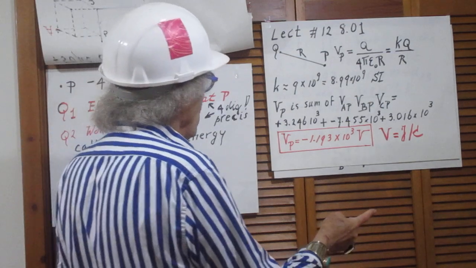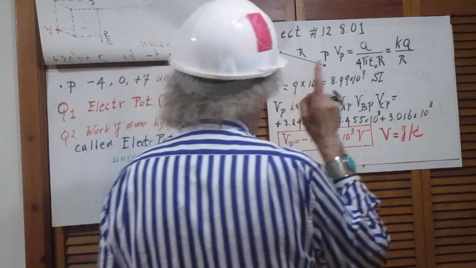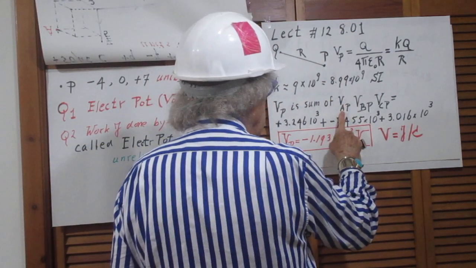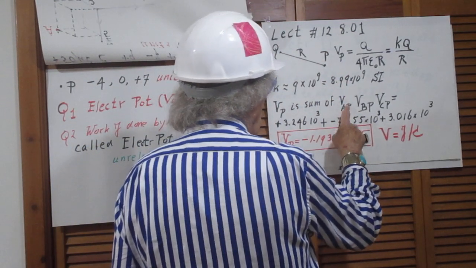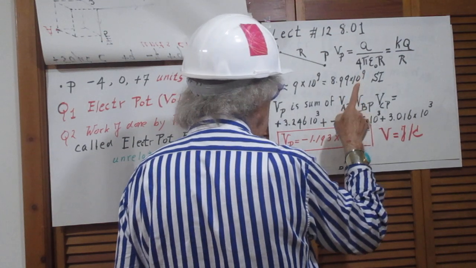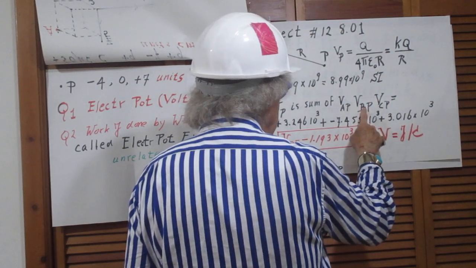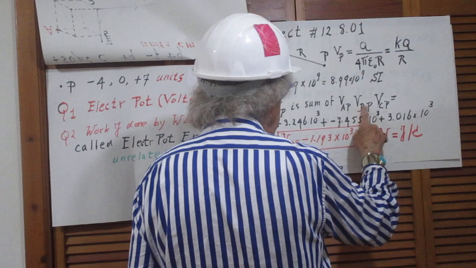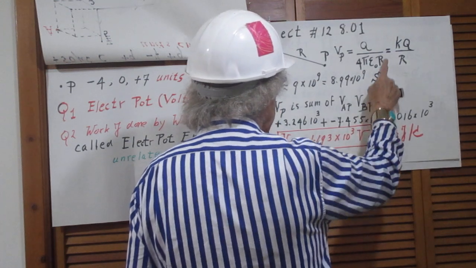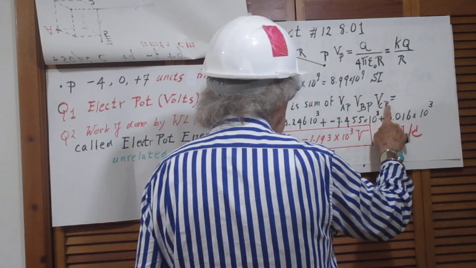So, you do this for A. You know the distance between A and P, that's easy to calculate. You do that then independently for B, and you know the distance between B and P, that's easy to calculate, that's this R. And you do that for C.